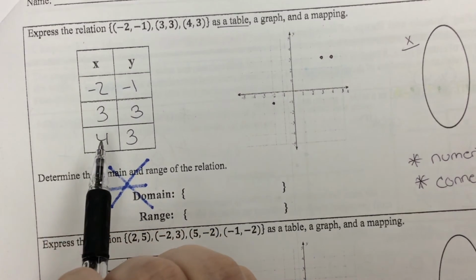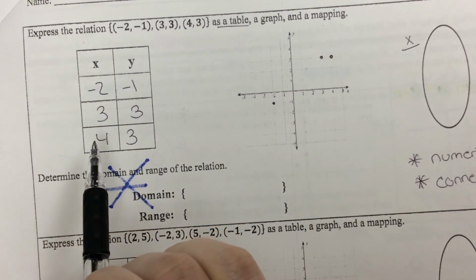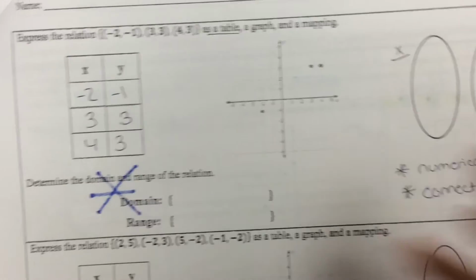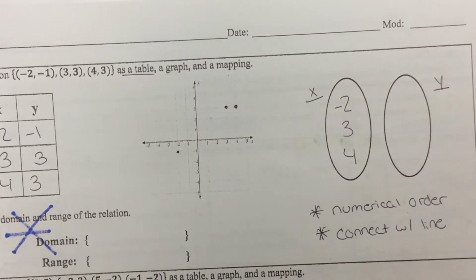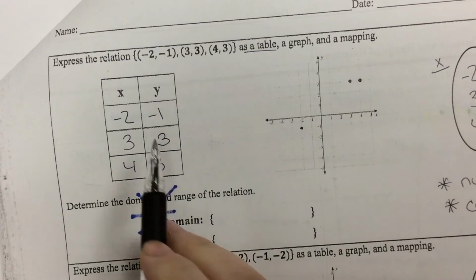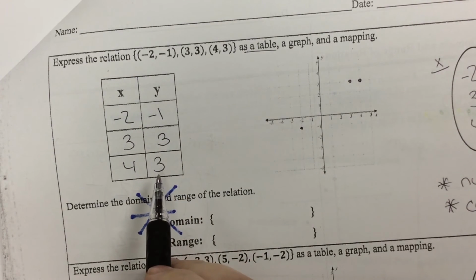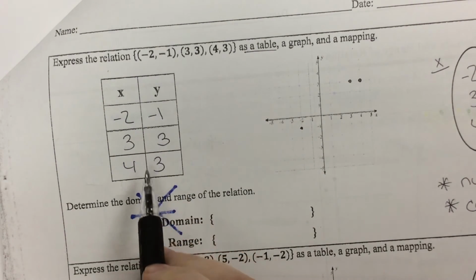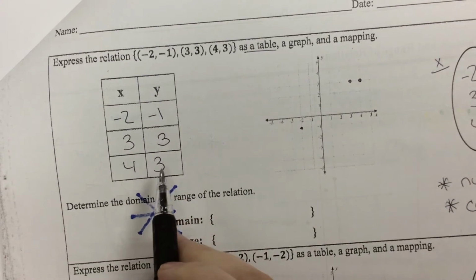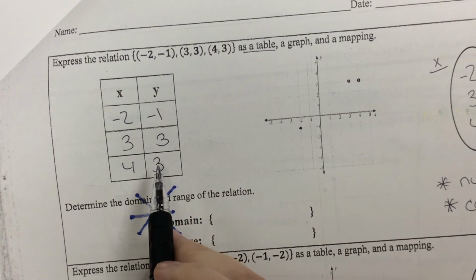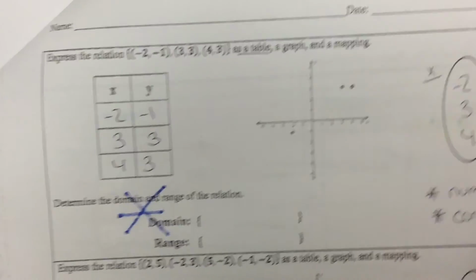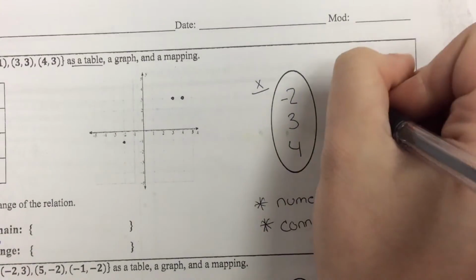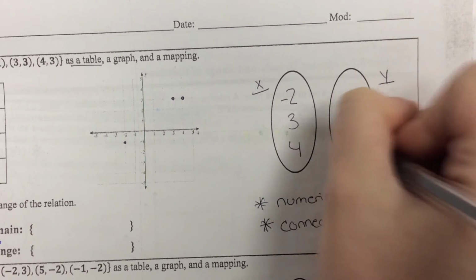We need to put this in numerical order, and actually in the table it already is, so all we need to do is rewrite it. -2, 3, and 4. And then our Y's are also in order. Now one thing I would like to point out, in your Y's, there are two 3s, but you only need to write it once in your mapping diagram. So you're going to go -1 and 3.